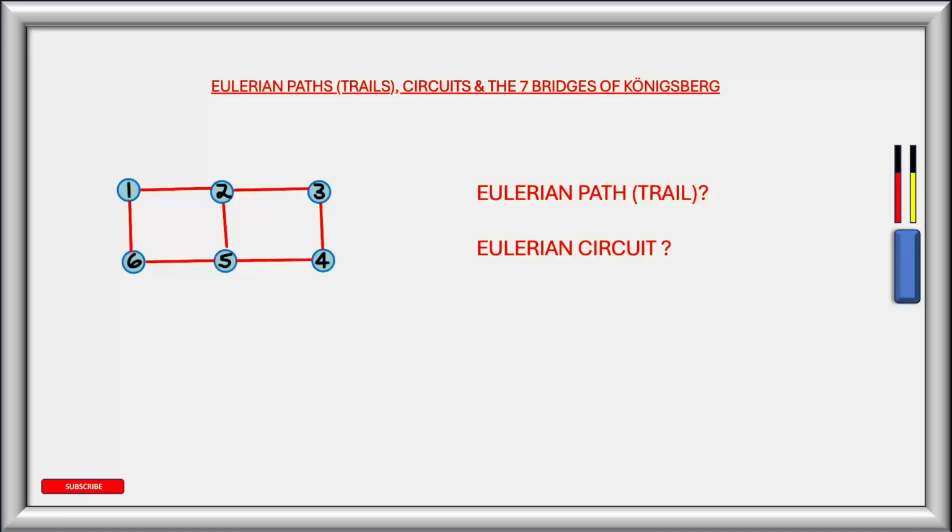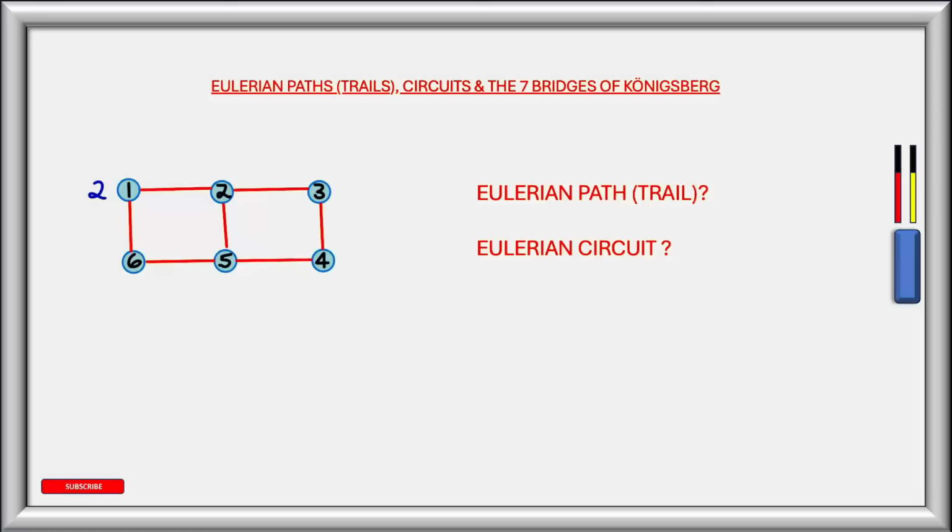So let's look at this graph. Again, we have 6 vertices, and we want to know whether it forms an Eulerian path or trail or Eulerian circuit. If you'd like to play along, pause the video now. So let's look at the degree of each of the vertices.